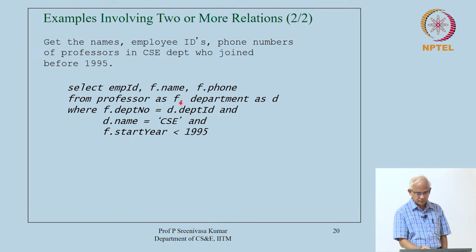So, professor as F, department as D. The combination of professor and department is meaningful if the department number of the professor is the same as the department ID of the department tuple. Then we are considering the appropriate combination of professor and department, and then we are putting conditions saying that the department should be the computer science department and the professor must have started his service before 1995.